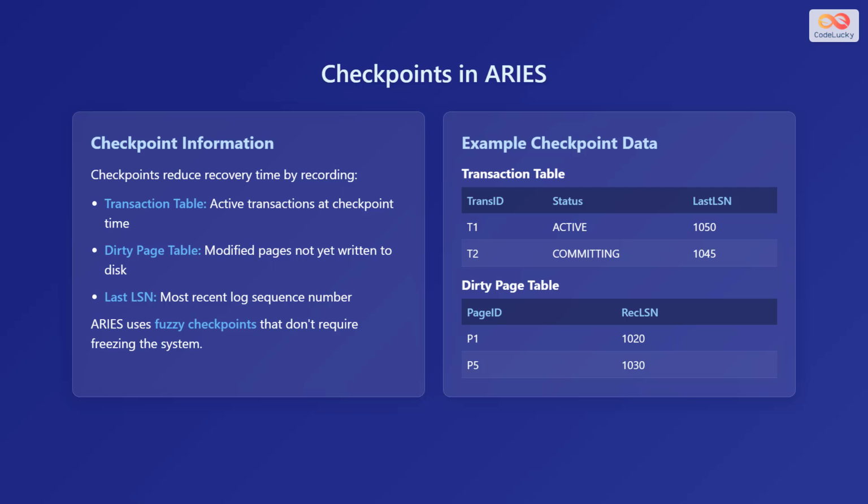Second, a dirty page table containing the page ID and the recLSN. In this example, page P1 has a recLSN of 1020, and page P5 has a recLSN of 1030.